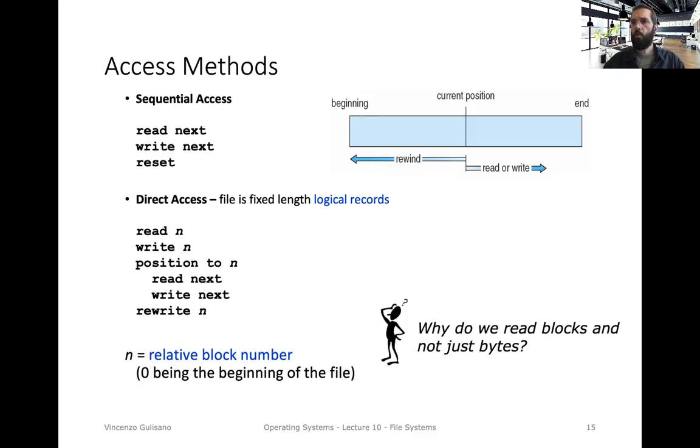So why do we read blocks instead of just bytes? Why don't we say give me the next byte, or go to a specific byte? Remember, this is not inside the memory. This is when we actually want to read something from the disk.